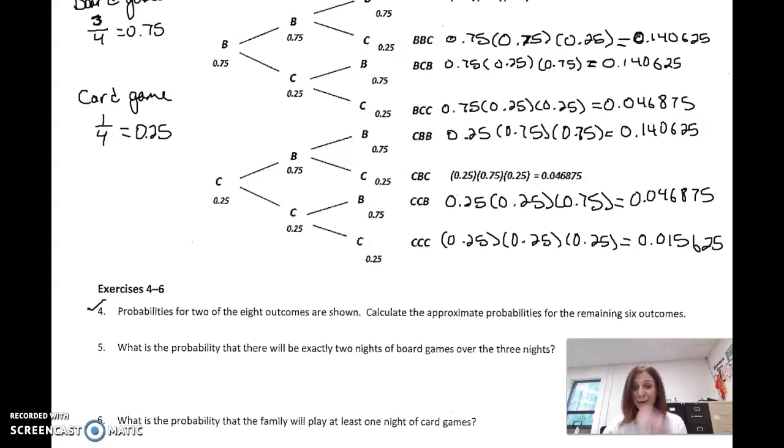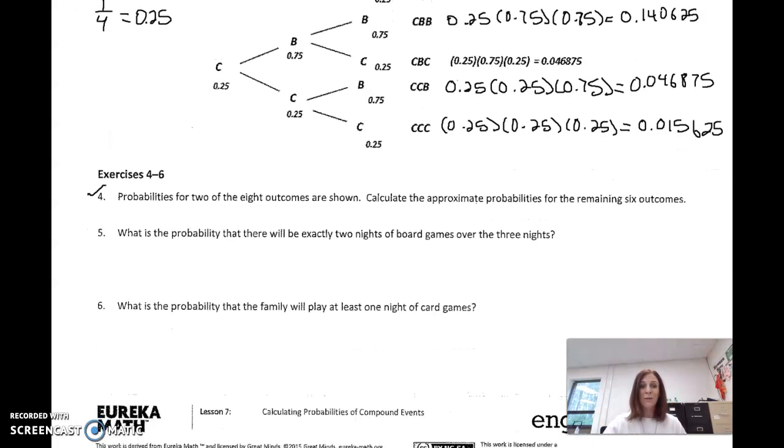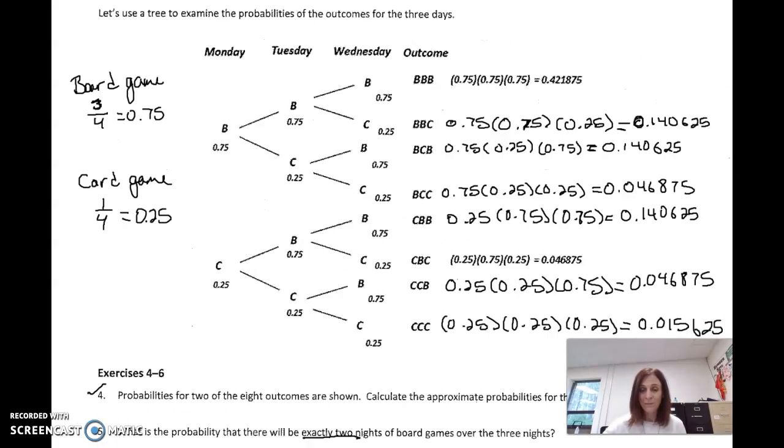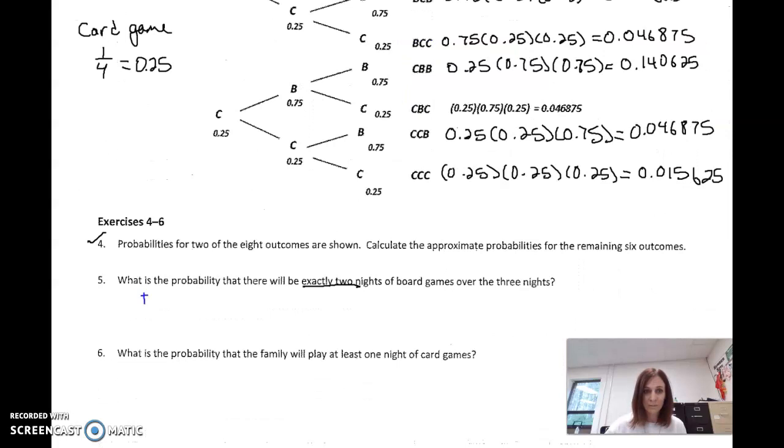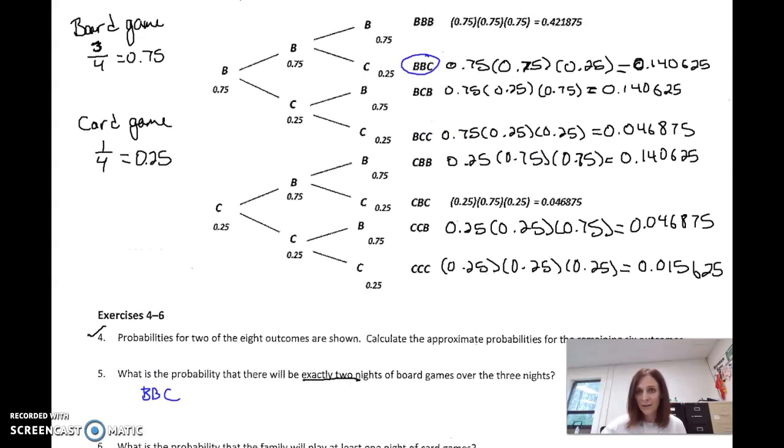All right. Well, good news. We've already done number 4, right? We figured out the probabilities. So now, what is the probability there will be exactly 2 nights of board games? Exactly 2 nights. So let's look at all of our outcomes that have exactly 2 nights. Right here, BBC. Ooh, I want to still be able to see it here.